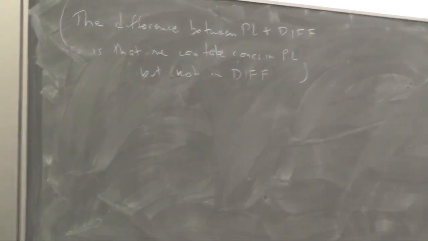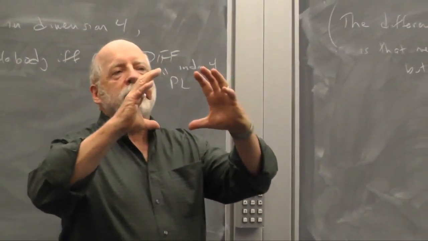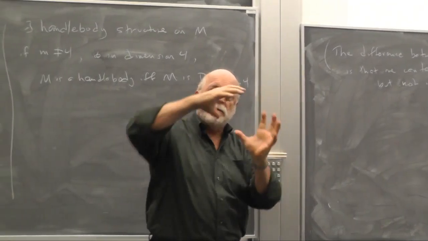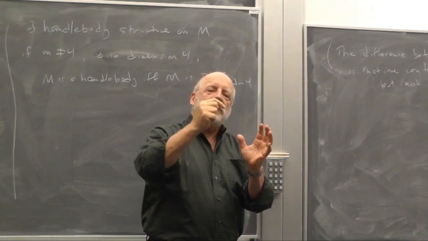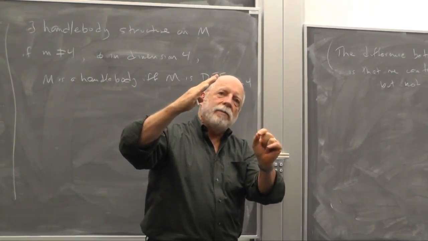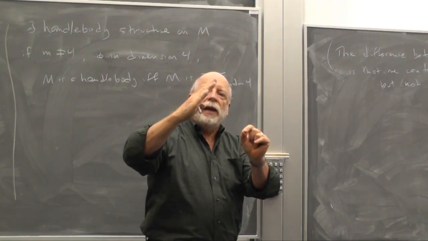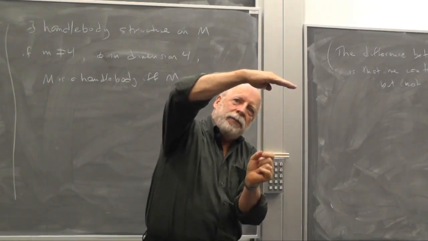That's right. So, in PL, if you have a PL homeomorphism of a sphere, so it takes simplices to simplices, it kind of does something to the sphere, you can take the cone. And so every time you have a simplex out here in the sphere, you just cone it into the center point, and then it's a one higher dimensional simplex. And so if this edge goes to this edge, then you just take this cone to this cone.